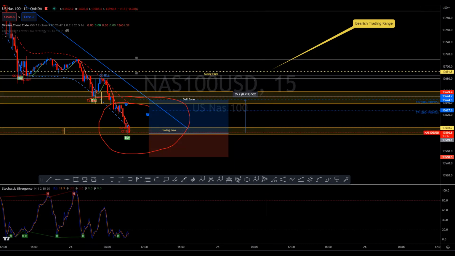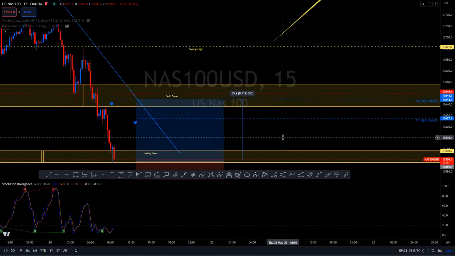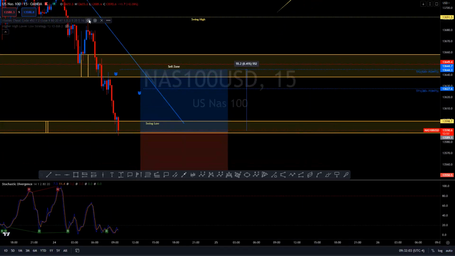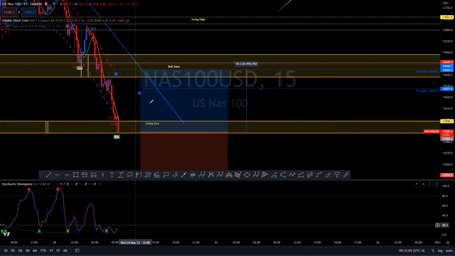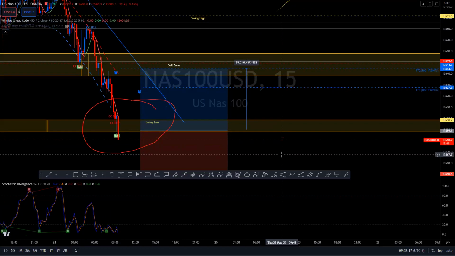See if I can zoom in a little bit more. Really sticking out in that Bollinger Band. I don't sell it.